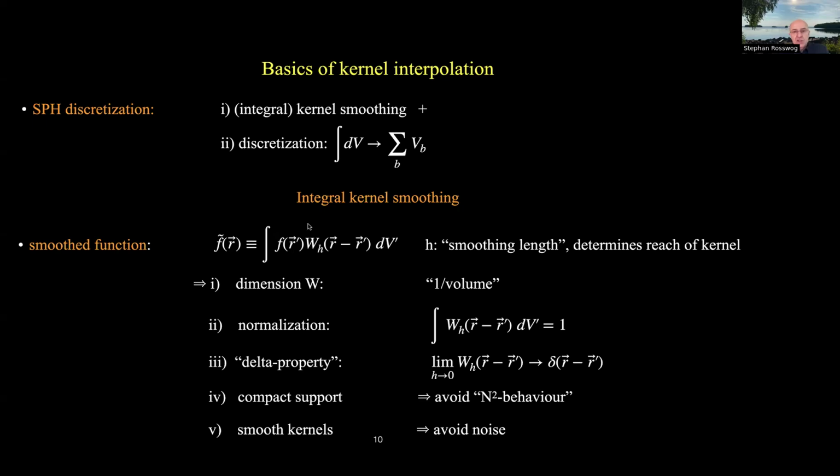So that means this kernel function should have in this limit the delta property. You ideally want a compact support so that not every particle interacts with all of the other particles, but just with a nearby set of particles. And actually the kernels, since sometimes you need derivatives, the kernels should be smooth functions. Otherwise, this can introduce some noise.